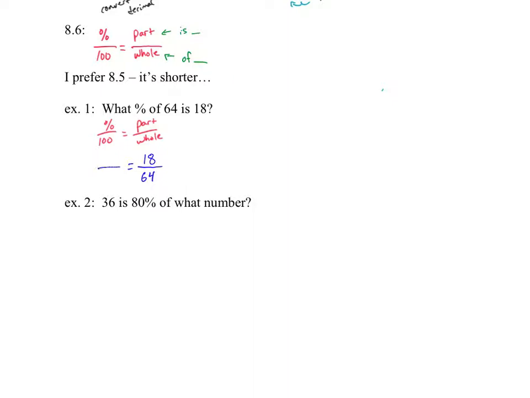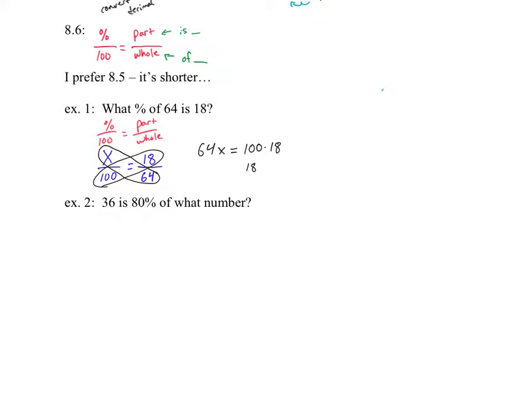My first fraction then has 100 in the denominator. It looks like we're trying to find the percent. What percent of 64 is 18? So you can put an x up there for the percent. Now there's a couple ways to solve it. One way, which works for everything, is to cross multiply and divide. So I have 64 times x equals 100 times 18.